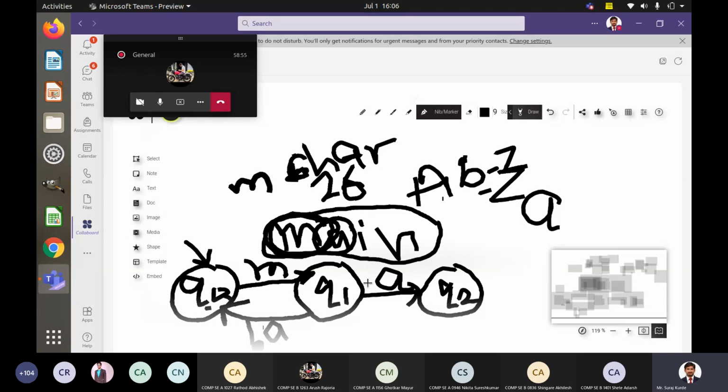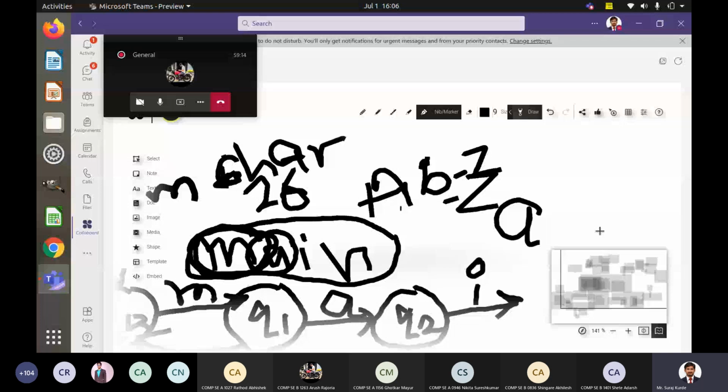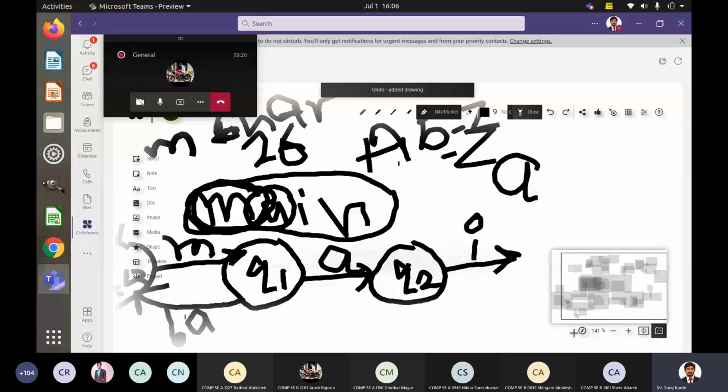From Q2, it goes to next state when input is I. Okay, so it goes to next state. What will be the next state? Q3. Next state can be Q3.